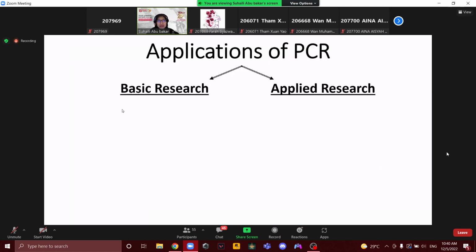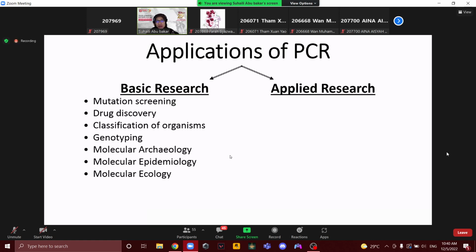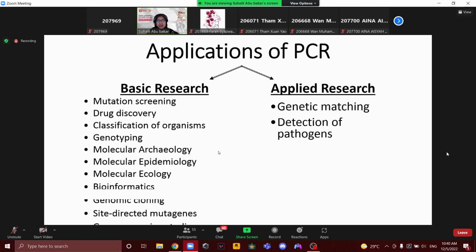Or sometimes applications can be divided into basic research and applied research. For basic research, for example, you want to screen for mutation, drug discovery, classification of organisms, same as earlier. For applied, it is more to genetic matching and detection of pathogens. This one, COVID. PCR is being used in COVID-19 detection, for example.